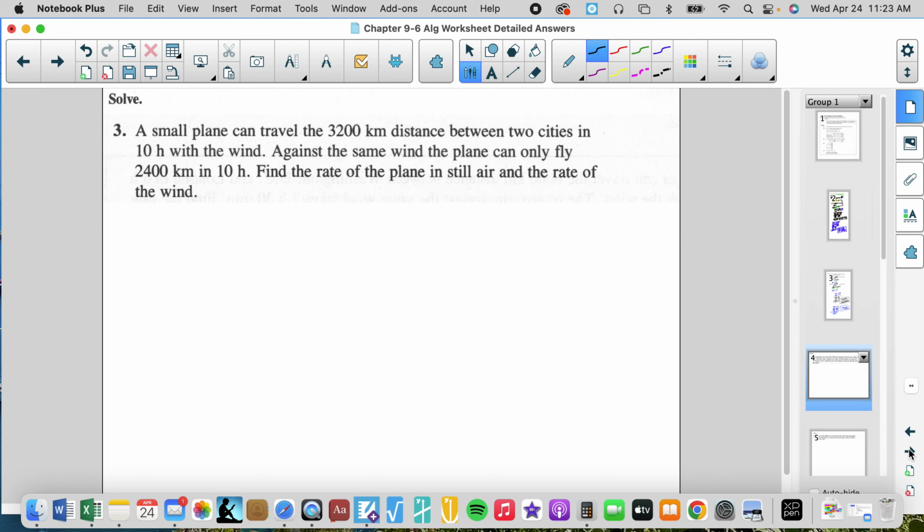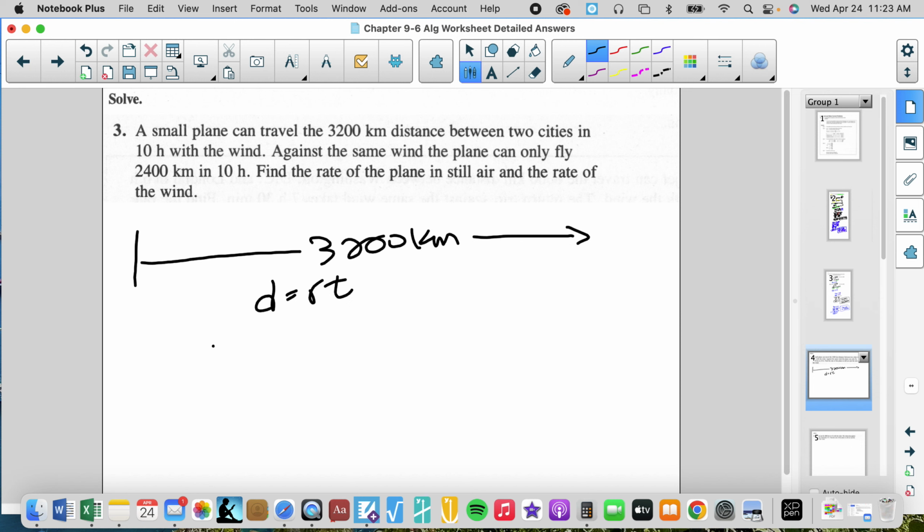A small plane can travel the 3,200 kilometer distance between two cities in 10 hours with the wind. So 3,200 km, distance equals rate times time.